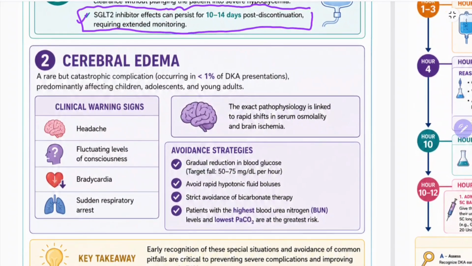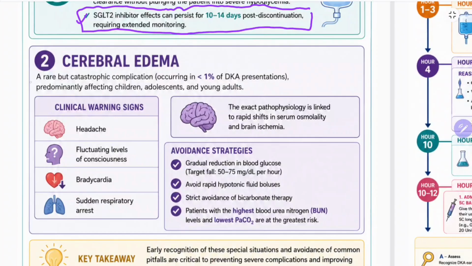Coming to the second thing, that is cerebral edema, a rare but catastrophic complication occurring in less than 1% of DKA presentations, predominantly affecting children, adolescents, and young adults. Warning signs include headache, fluctuating levels of consciousness, bradycardia, and sudden respiratory arrest, meaning apnea.